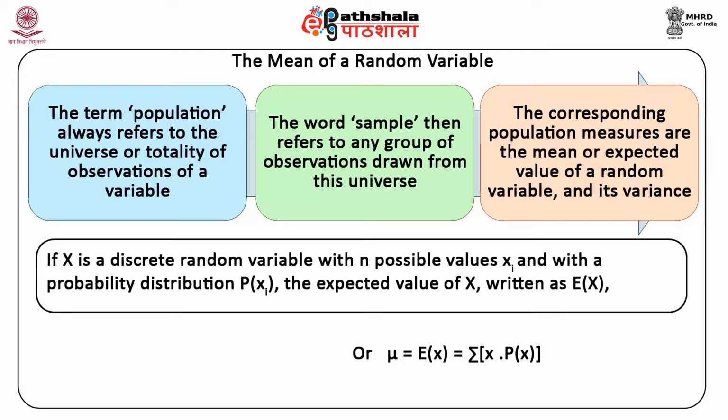So if capital X is a discrete random variable with n possible values small xi, and with a probability distribution P(xi), the expected value of X, written as E(X), is defined as E(X) equal to x1 into P(x1) plus x2 into P(x2) and so on till xn into P(xn), or mu is equal to expected value of X is equal to sigma xi P(xi), where i ranges from 1 to n.